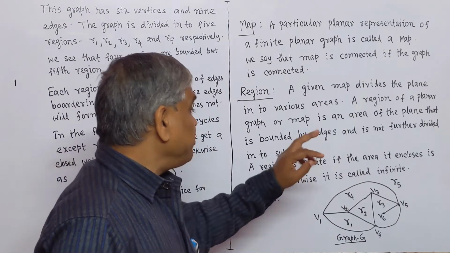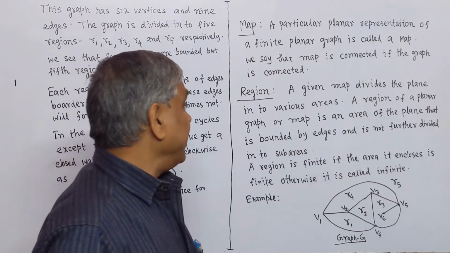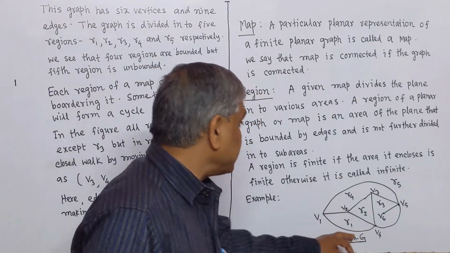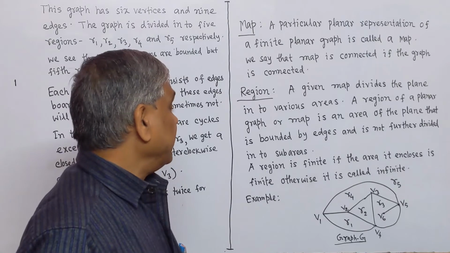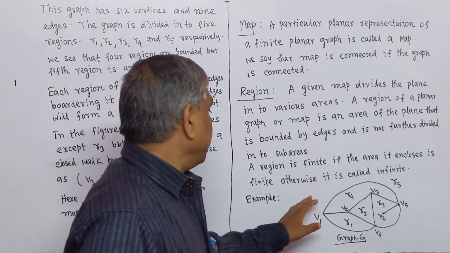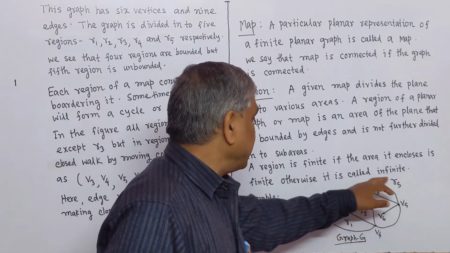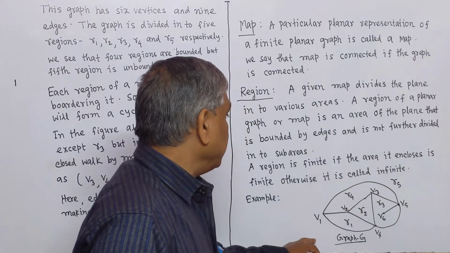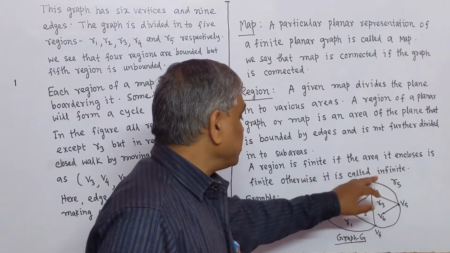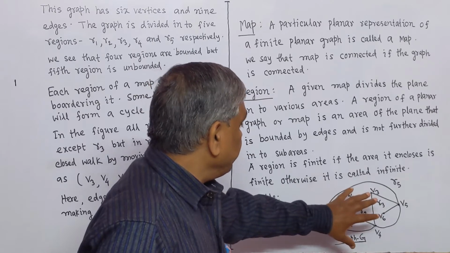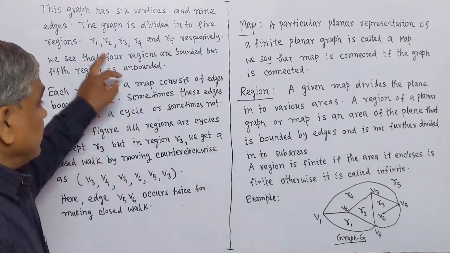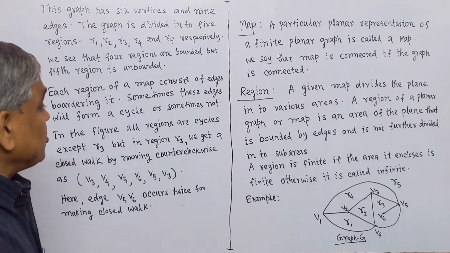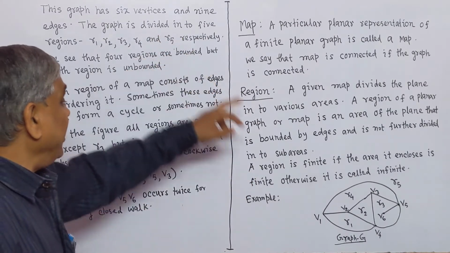A region is finite if the area it encloses is finite. Otherwise, it is called infinite. Here, this region R5 is infinite because the area encloses be outside of this map. This graph has 6 vertices and 9 edges.